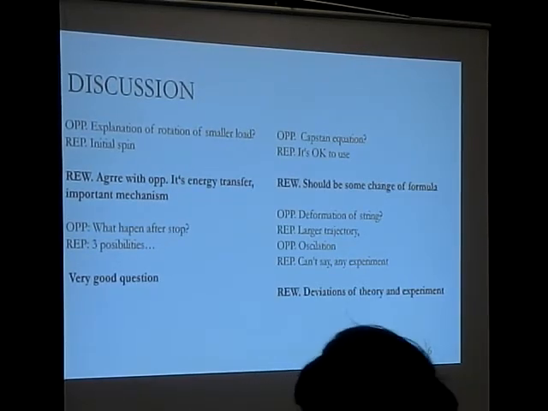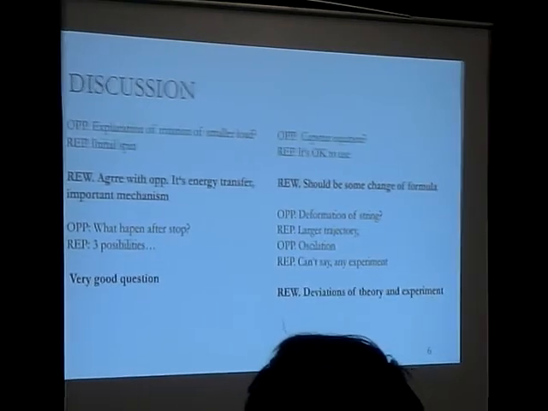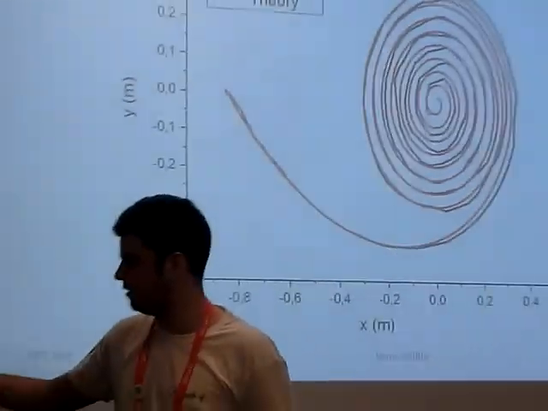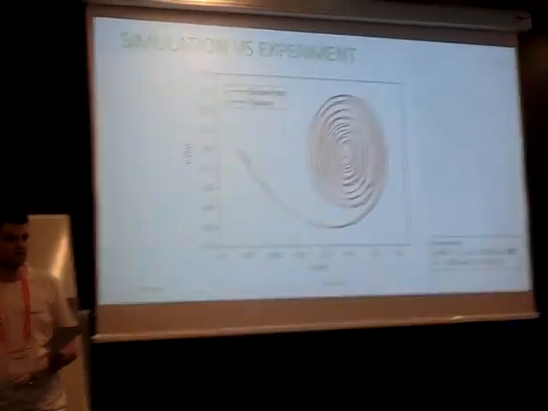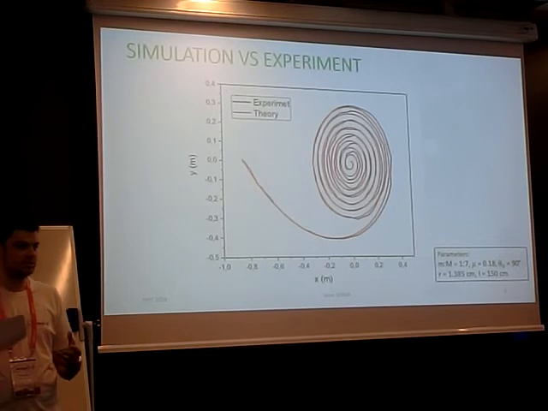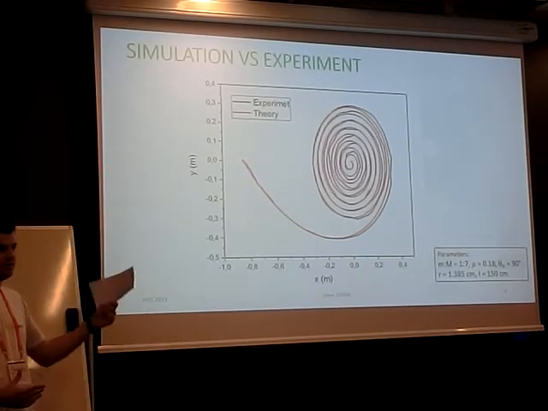Okay. I should summarize the presentation, and let's start with the discussion. In the discussion, the biggest part was about elastic and non-elastic string. So I think this is not so relevant. These are hypothetical questions, and I think we should talk a little bit more about our experiments and our results.